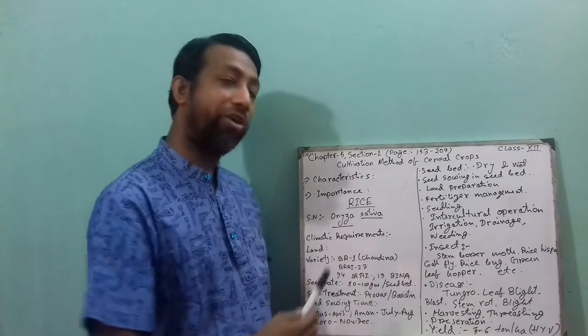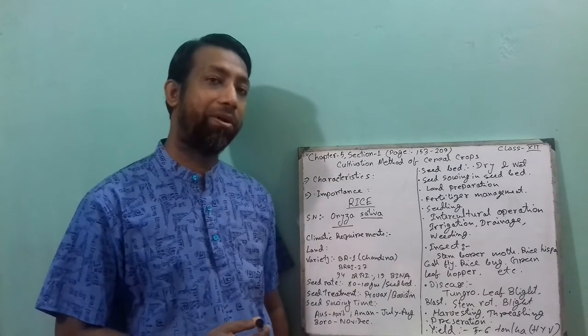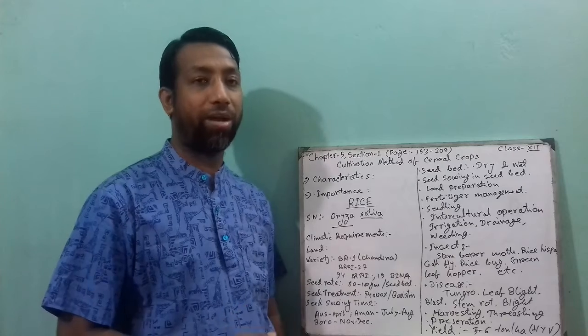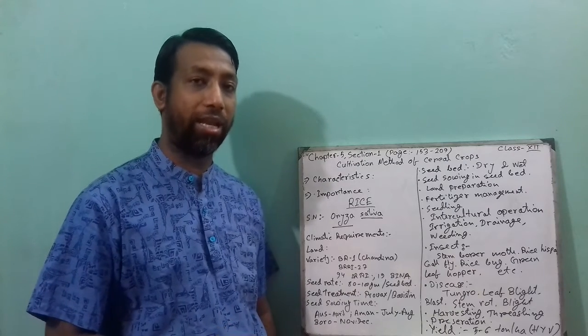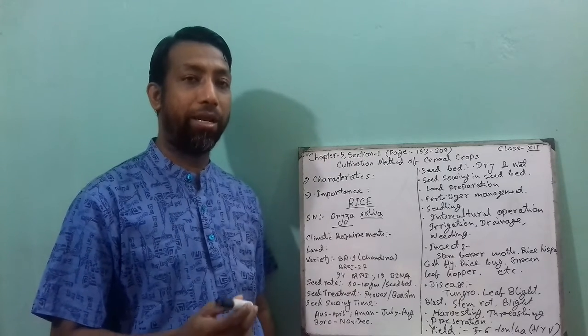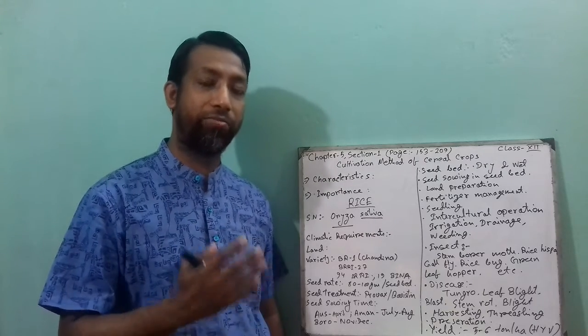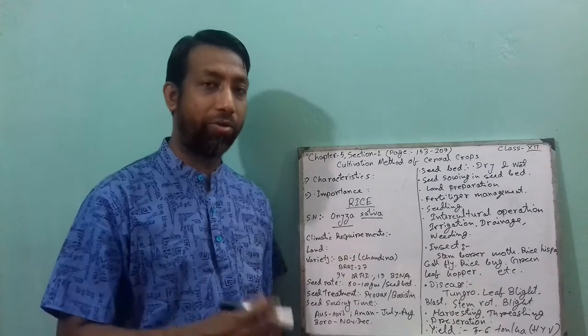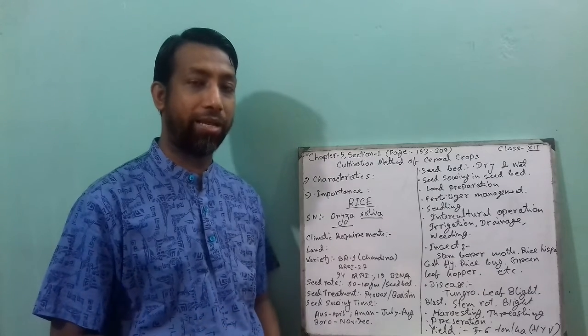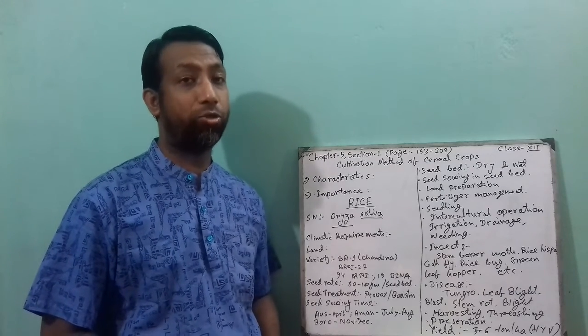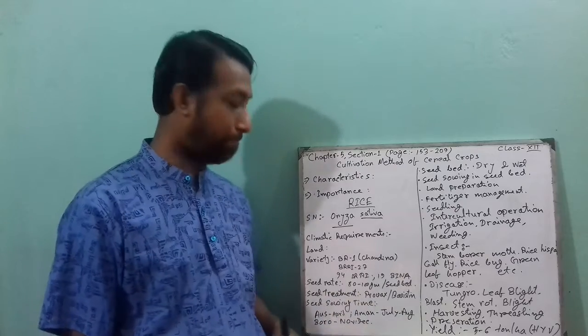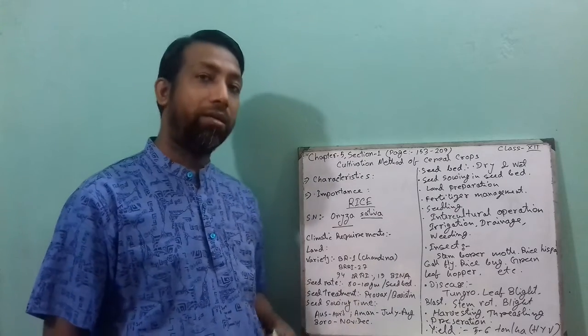The climatic requirements: rice needs an optimum temperature of 20 to 35 degrees centigrade, rainfall 80 to 85, and humidity of 80 to 85 percent. The required rainfall and everything in our country is suitable for rice cultivation. Then land.